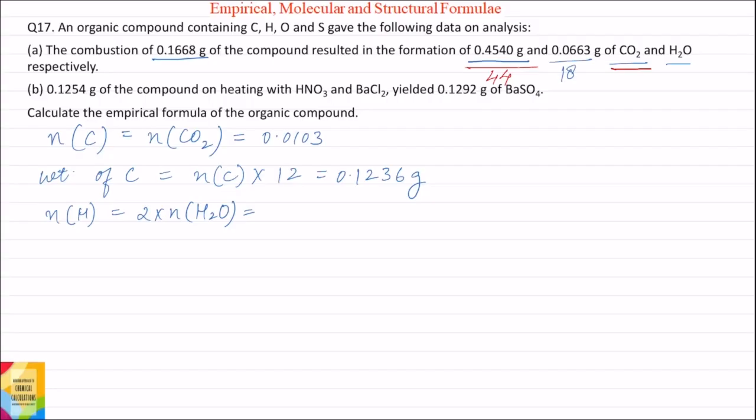So moles of H2O is 0.0663 gram divided by 18, and this is equal to 0.0074 moles, and weight of hydrogen will be equal to moles of hydrogen into atomic weight of hydrogen, that is 1. So weight of hydrogen will also be 0.0074 gram. Now 1 mole of barium sulfate contains 1 mole of sulfur.